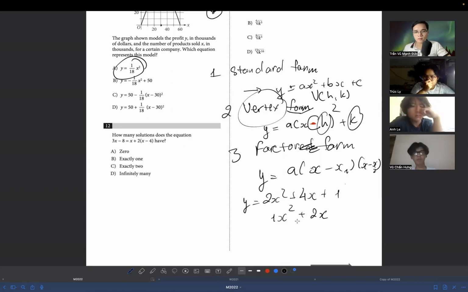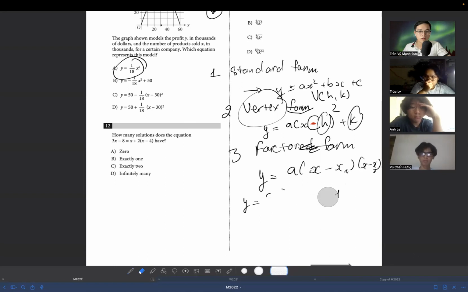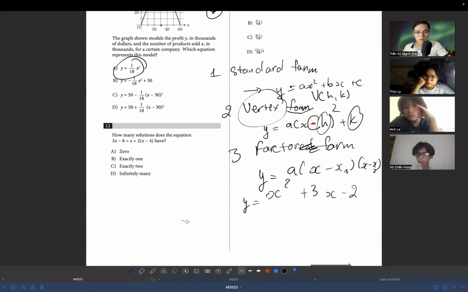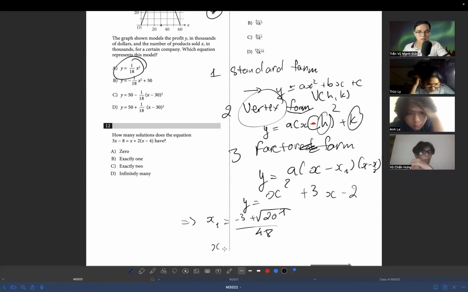Never mind, I'll use this: x squared plus 3x minus 2. I have two solutions. The first one is x1 equals minus 3 plus square root of 201, over 48, and x2 is minus 3 minus square root of 201, over 48.